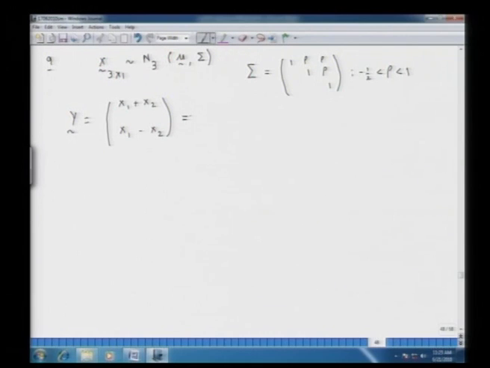Now it's straightforward to see that this can be expressed in this particular form. If we keep x1 and x2 here, then by pre-multiplying that with the matrix with rows 1 1 and 1 minus 1, we get the quantity whose joint distribution we are interested in finding out.